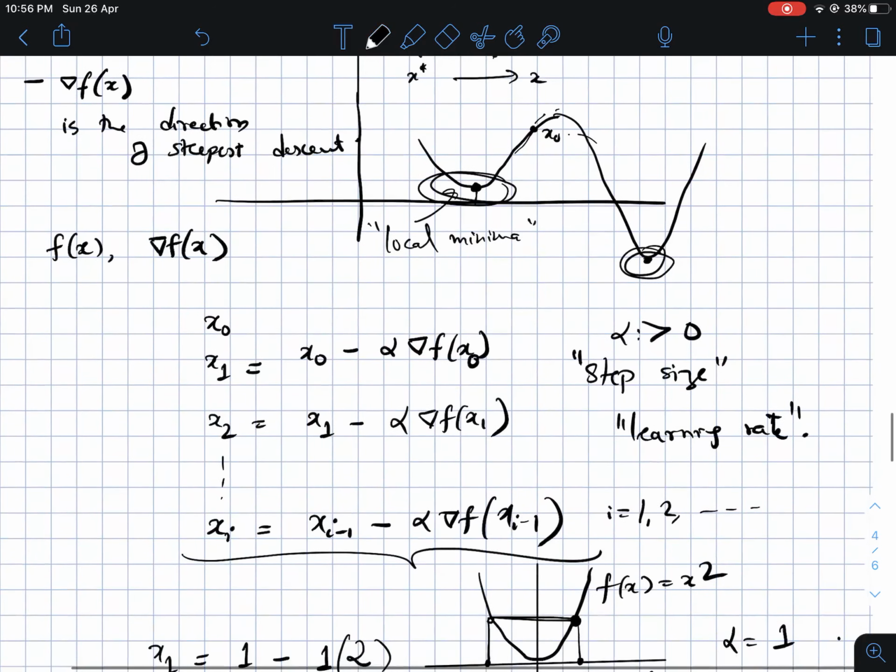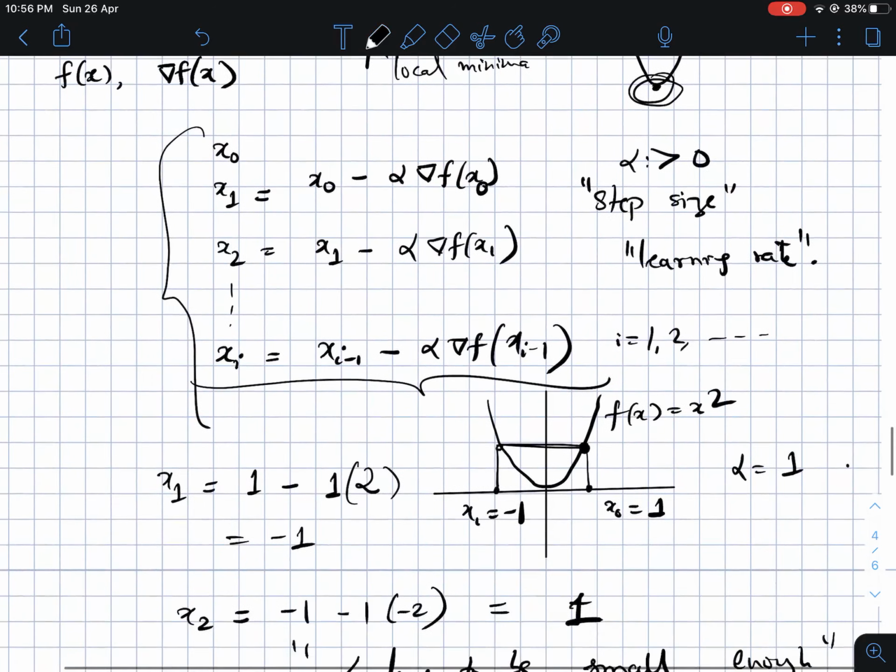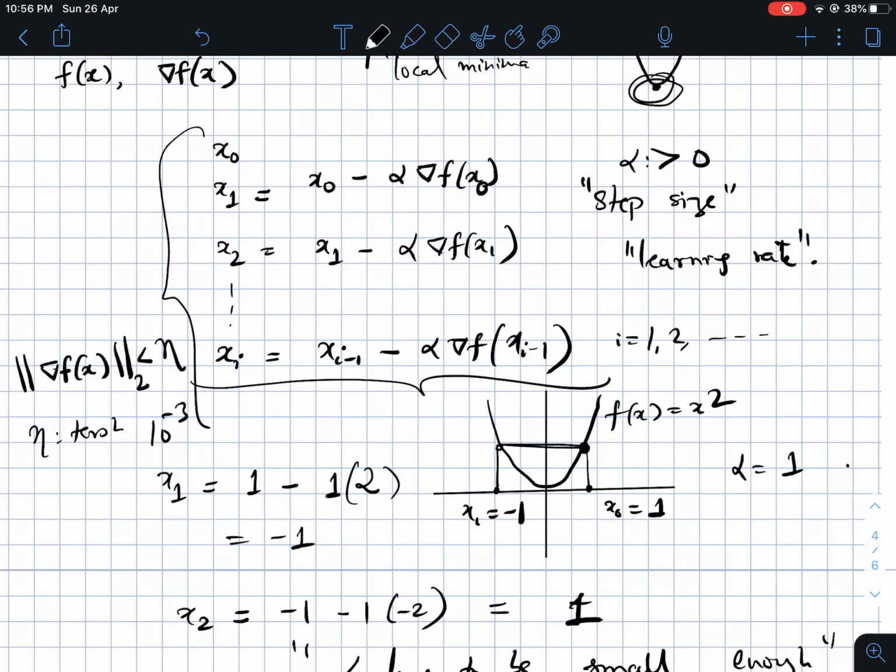By the way, when do you stop these iterations? You stop these iterations when you think that the derivative is 0, meaning the gradient is close to 0. This gradient is a vector typically. So when the gradient vector is small enough, right? So it says smaller than eta. Eta is some threshold you set, typically very small, like 10 to the minus 3, 10 to the minus 2, whatever, depending on your stopping level.